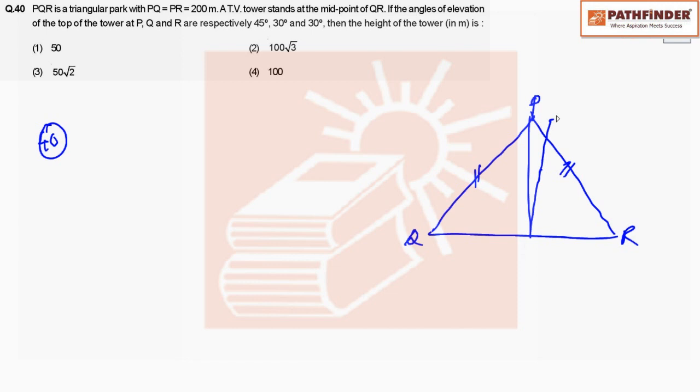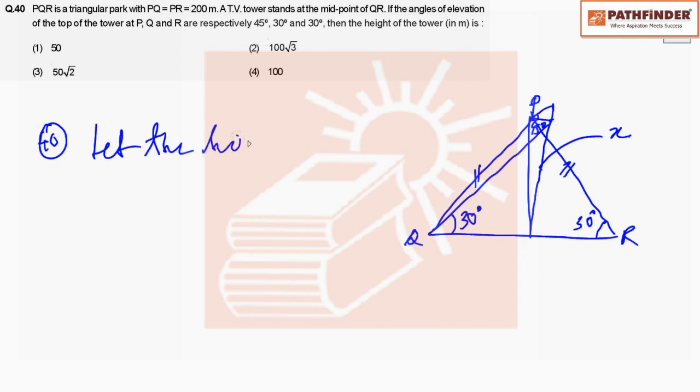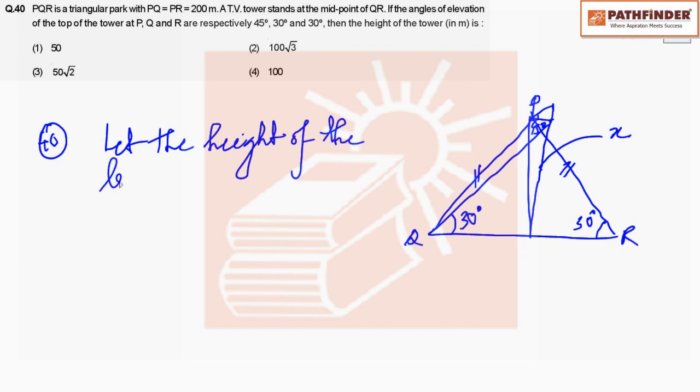Now they are saying that the angle of elevation of the tower is 45 degrees, and these two are 30 degrees. Now let the height of the tower be x.